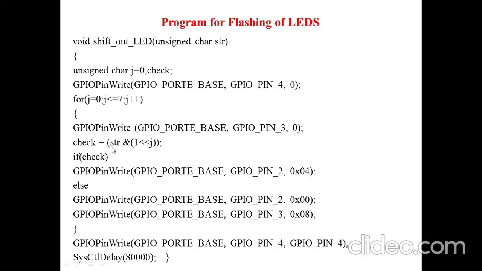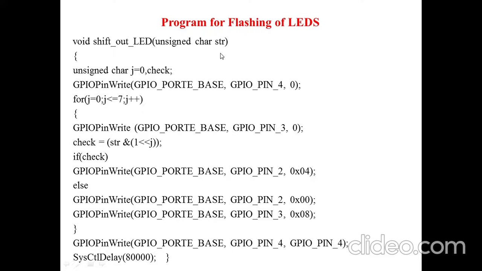It means GPIO pin write with pin 2 as 0x04, so the data will be ready, and you have to enable the clock. So the clock carries this 8-bit data. Now this 8-bit data, that is 0x01, 0x02 and so on, is all transferred to the LED array.